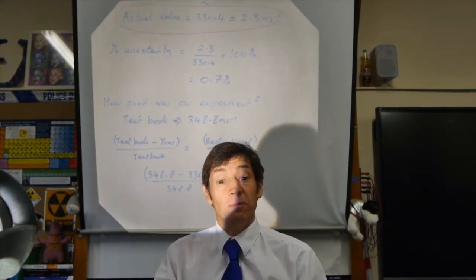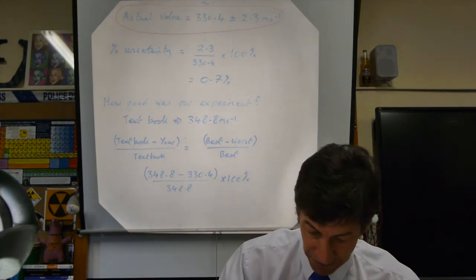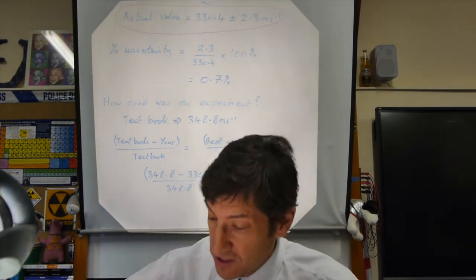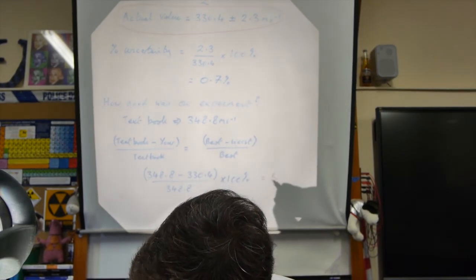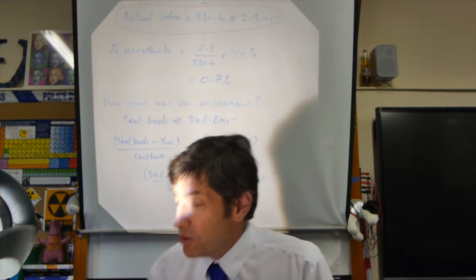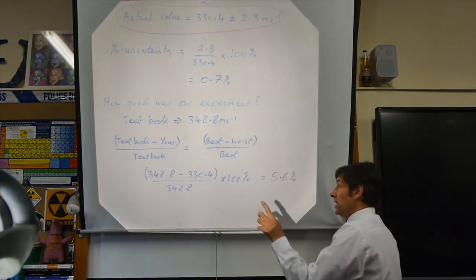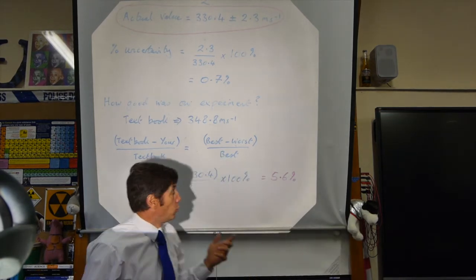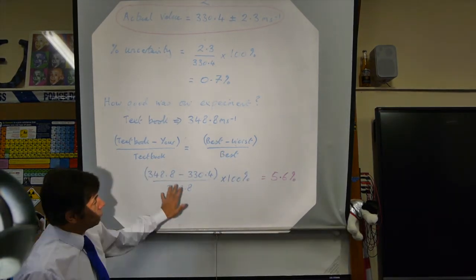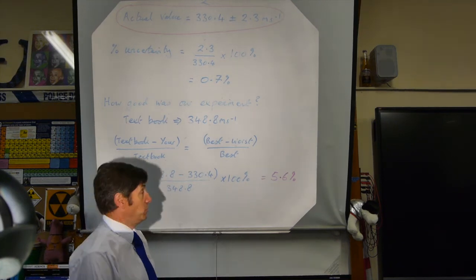You'll see why when you do the maths on your calculator. And this comes out as 5.6%. So what you can conclude from that is your experiment went really well, in fact. The reading that you got with the equipment you used was within 5.6% of the known textbook value.